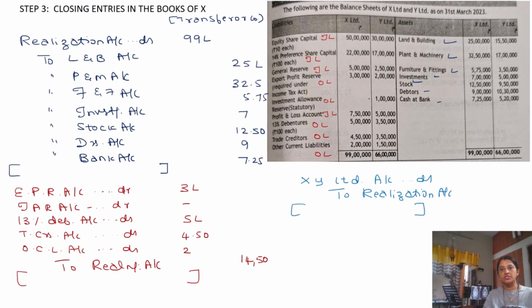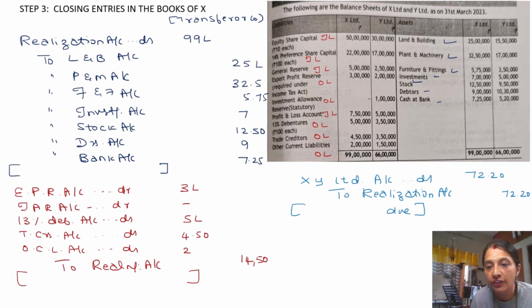Being purchase consideration due. Now you have to check how much was the purchase consideration in the previous step. The purchase consideration given by XY Limited to X Limited was 72 lakhs 20,000. So 72.20. This is the entry for purchase consideration due. Out of the 72 lakh 20,000, 48 lakhs was paid in the form of equity shares and 24 lakhs 20,000 was paid in the form of preference shares.